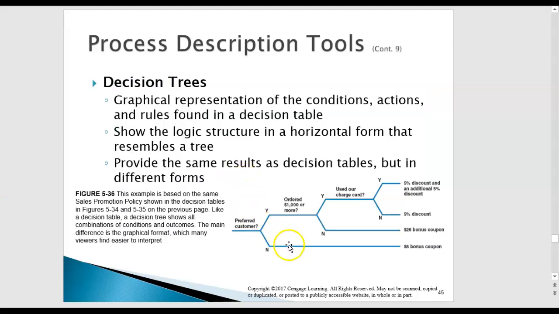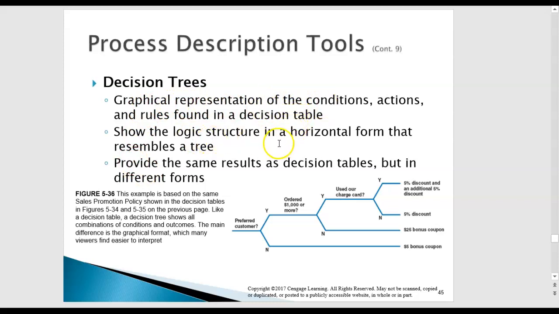Here's another version of the decision table, but this is a more graphical version of the table. I think it's better than a decision table because graphs are easier to read. You're applying the same types of conditions and rules, and you can clearly see what the outcome of each of those rules is. Decision trees, you can think of them as the graphical representation of the decision table itself.